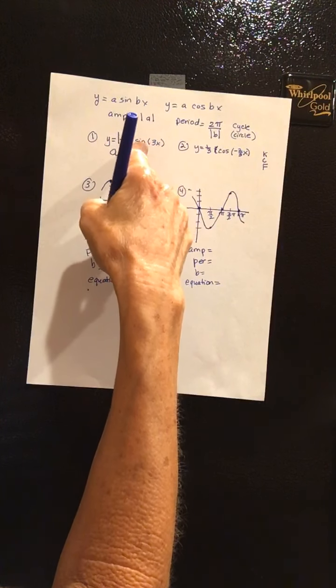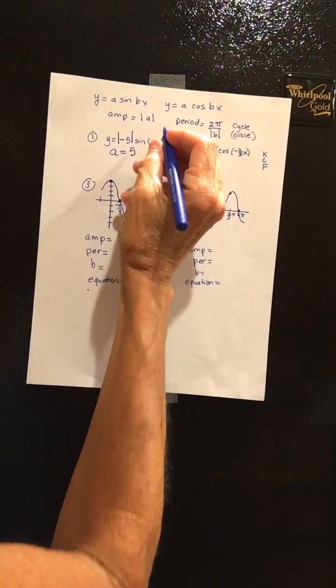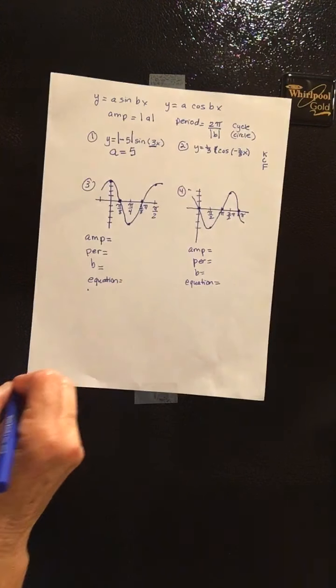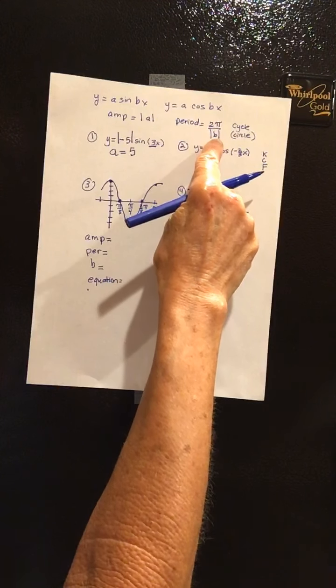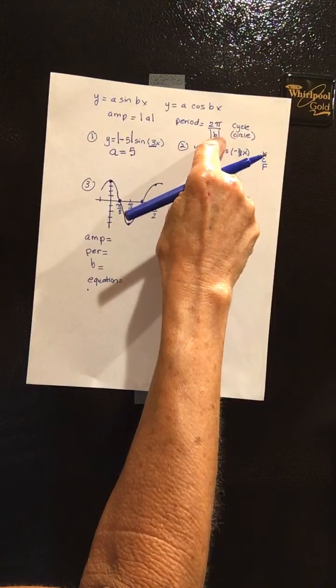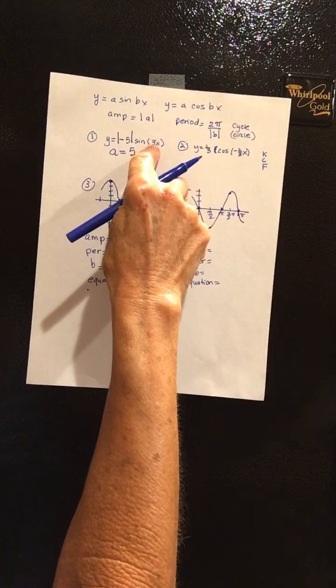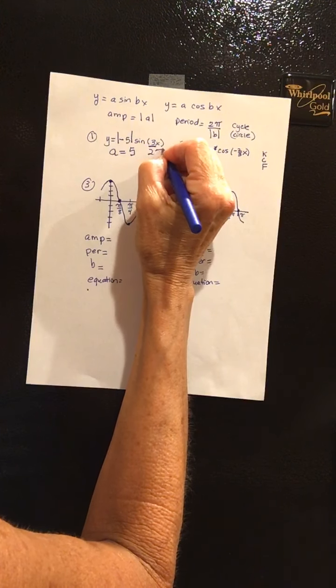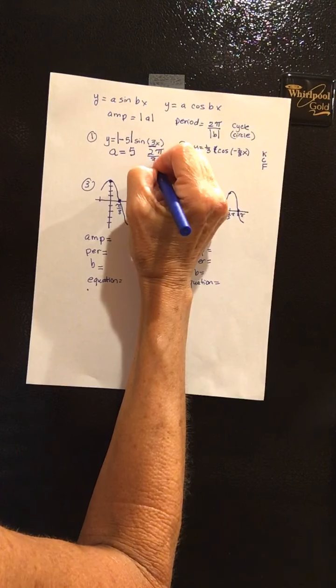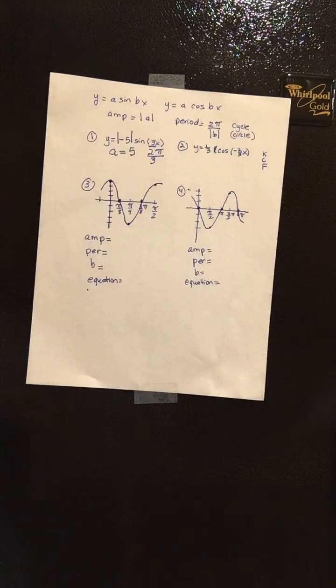Okay, now to find my period, well, my B is 3. So there's your B. Your B is 3, but you have to substitute it into the formula, and your B has to be the absolute value. So the absolute value of 3 is 3. So I take the formula and I go 2 pi divided by 3, and on this one we can't simplify.